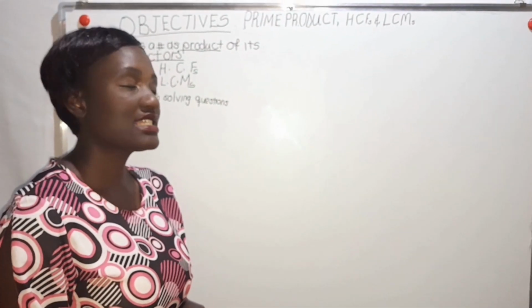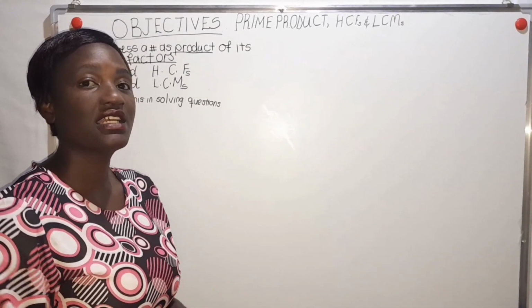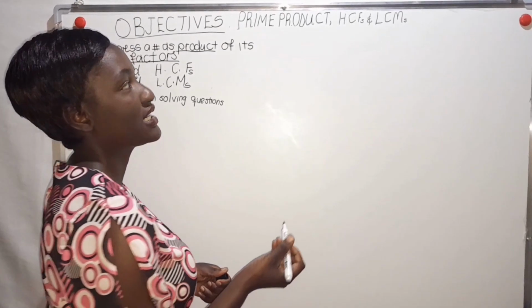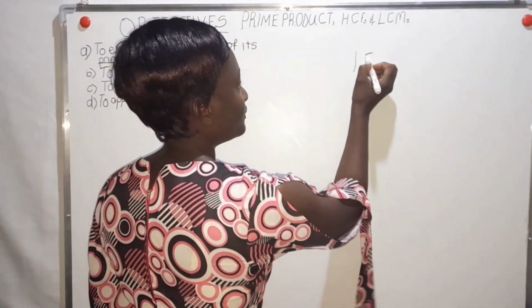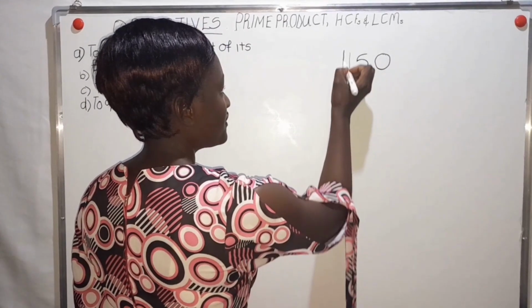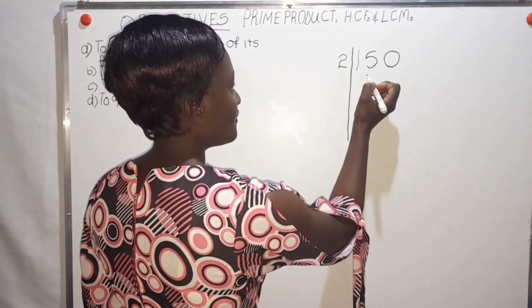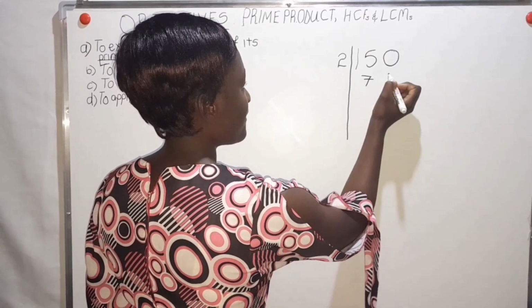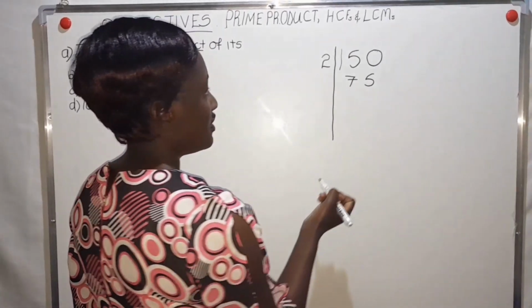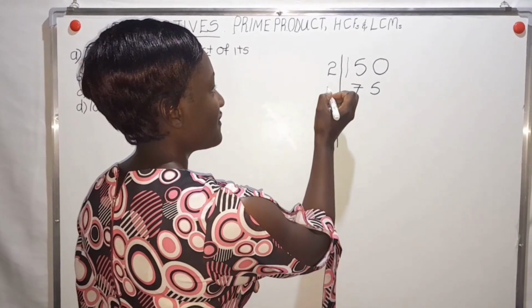In our second example, we are going to express 150 as a product of its prime factors. The lowest prime factor of 150 is 2. If we say 2 into 150, we get 75. The lowest prime factor of 75 is 3.